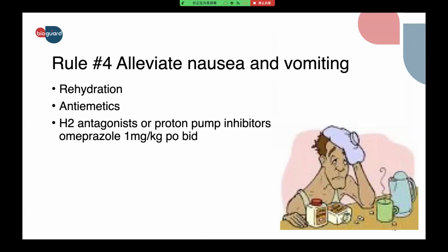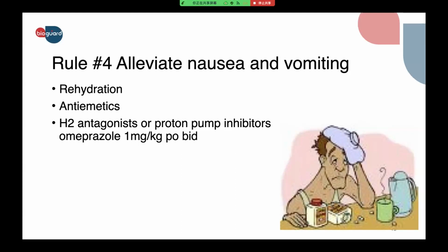The first thing, as we talked about previously, is rehydration. Rehydration is very important to stop the vomiting and nausea. And second, we can use antiemetic medicine. In our clinic, we more commonly use Cerenia, maropitant. It works pretty well. And we can also use H2 antagonists or PPIs.